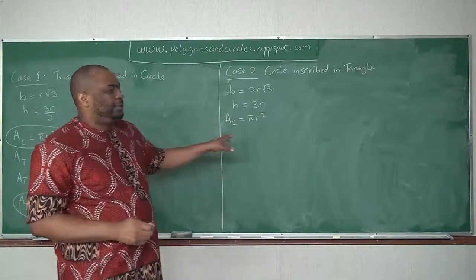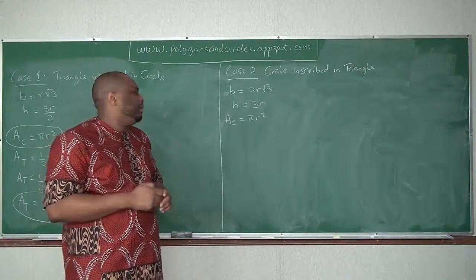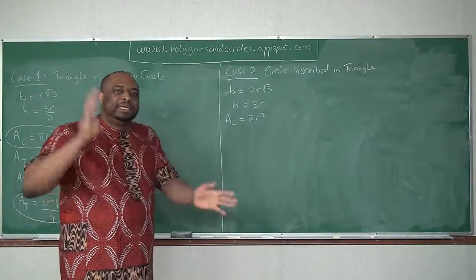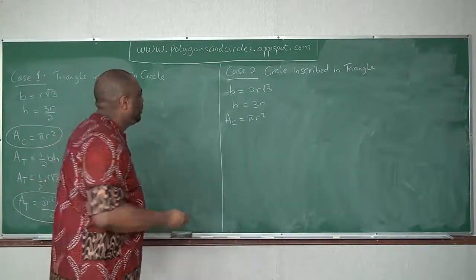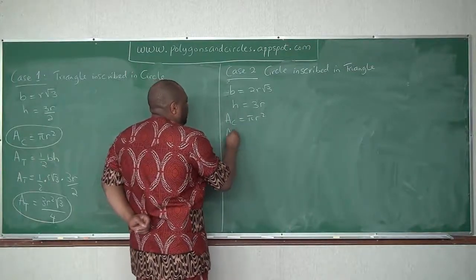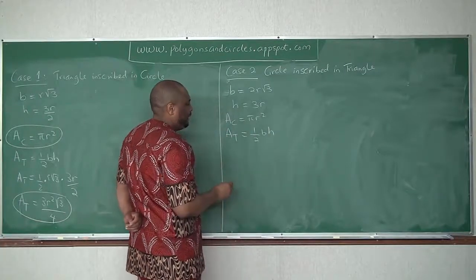I'm not using the apothem this time because I'm interested in the areas. But even if they give you only the apothem, you can still get the radius. So area of the circle is pi R squared. Area of the triangle is half base times the perpendicular height.